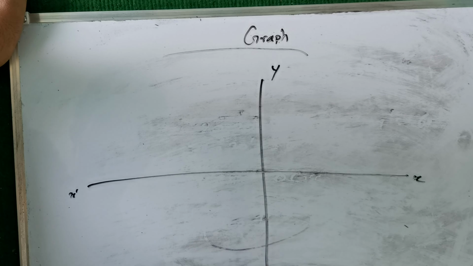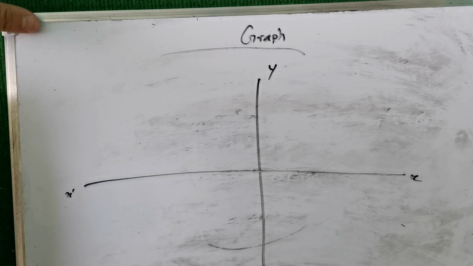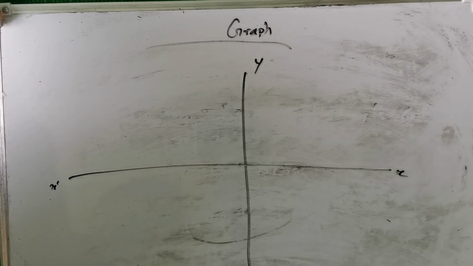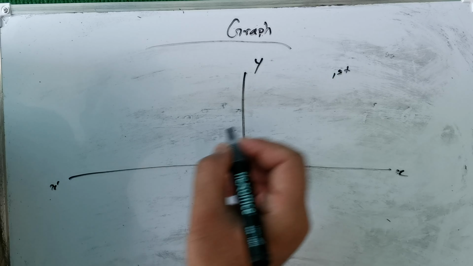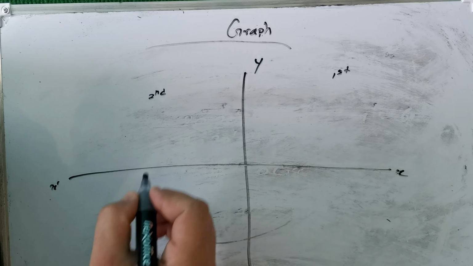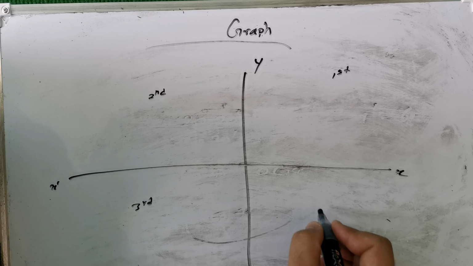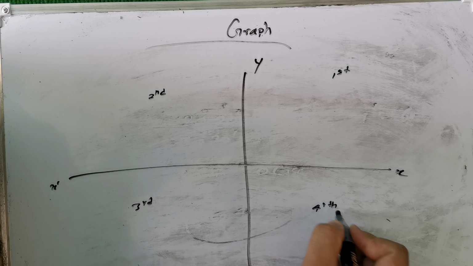This is the x-axis and this is the y-axis. This is the first quadrant, second quadrant, third quadrant, and fourth quadrant.